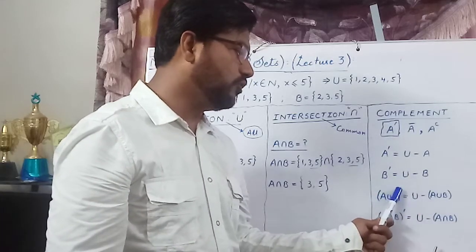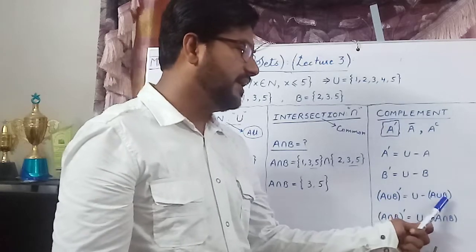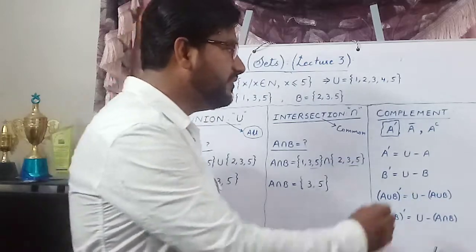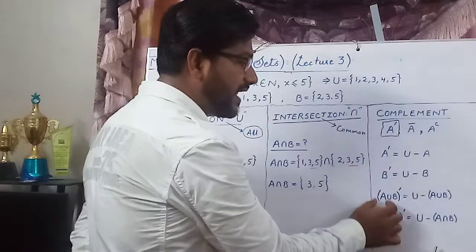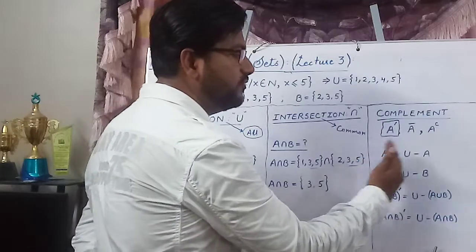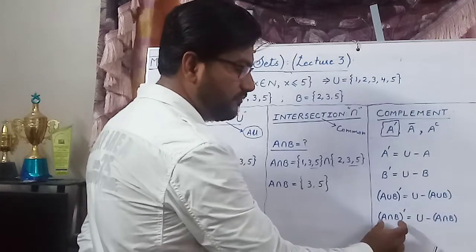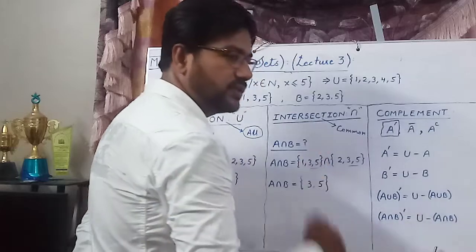A union B to the whole complement means first of all we find A union B, and we subtract A union B from the universal set. Whenever we have to take the complement of anything, we have to subtract that value from the universal set. For example, for A intersection B to the whole complement, we first find A intersection B, then we subtract it from the universal set.